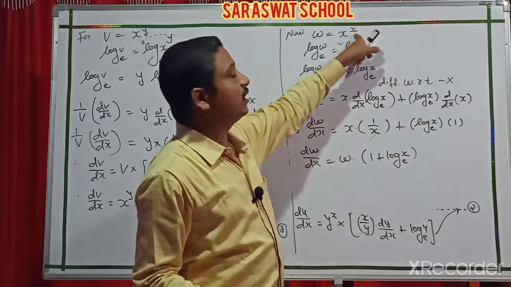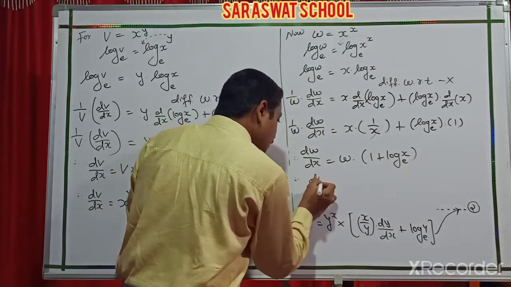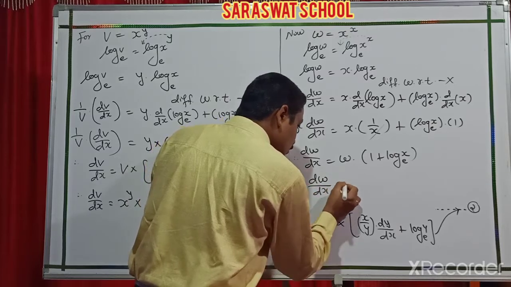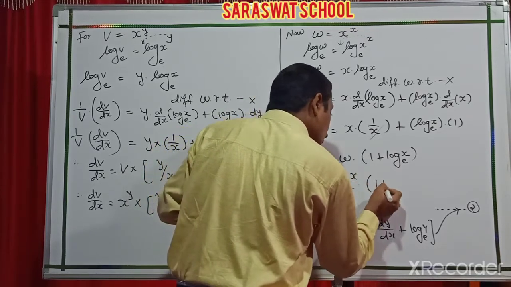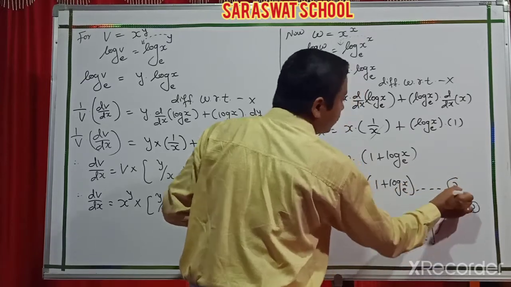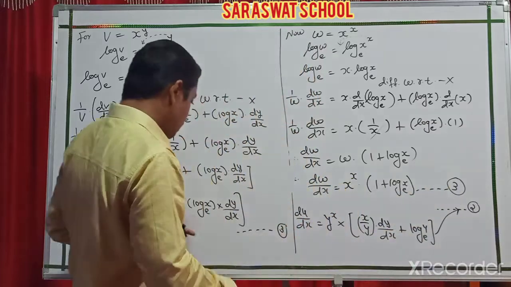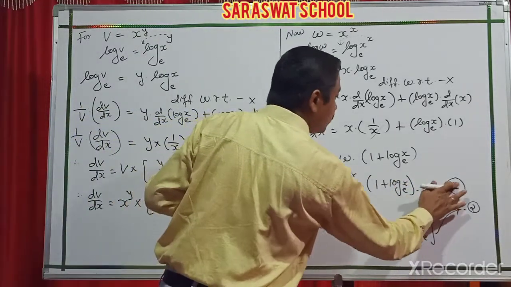It is known: x raised to x. So finally dw by dx is x raised to x into 1 plus log x base e. Here getting statement number 3. Now, students, second, third, this equation taking as statement number 4.